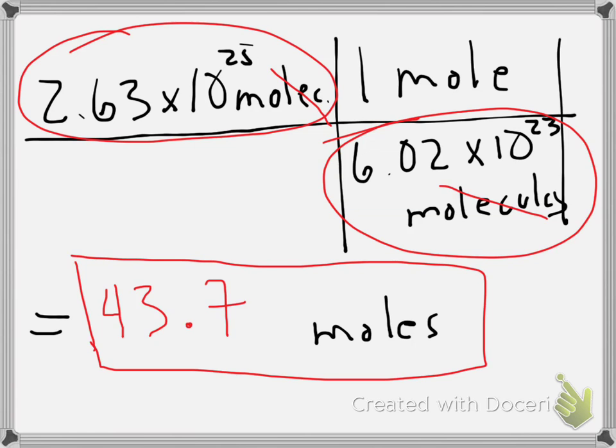If this number was smaller than 23rd, like if it was times 10 to the 22nd, then this number would be less than 1 mole. It would be a smaller number. Okay? So again, the answer to that is 43.7 moles.